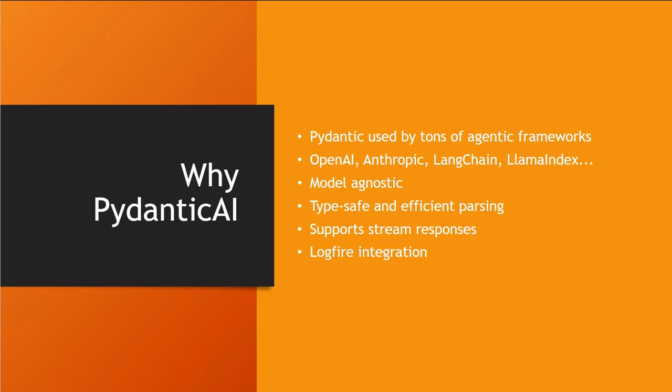These are just a few features. The third one is that it's model agnostic. It means that many models will be supported by Pydantic AI, but as of today it supports just a few: OpenAI, Grok, and Gemini.